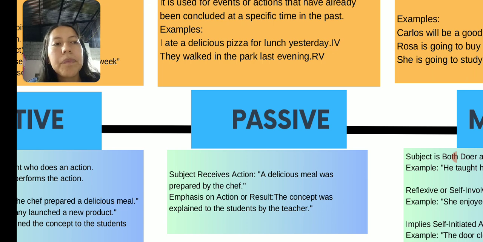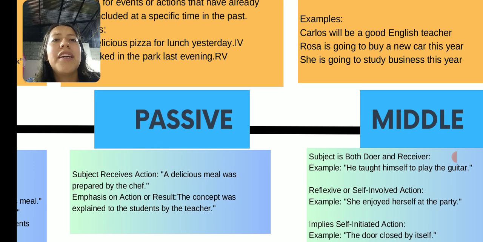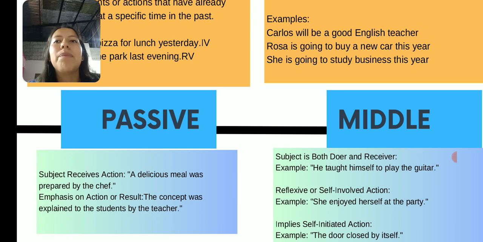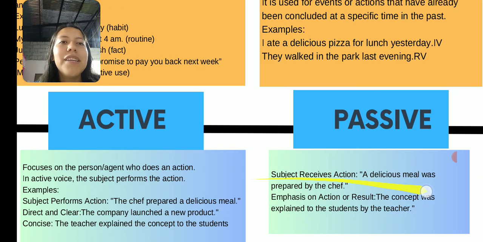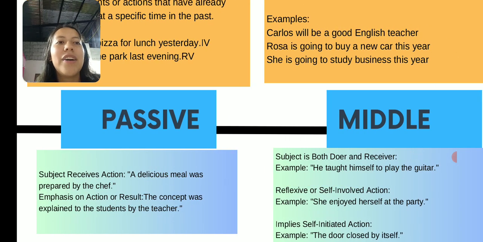Okay. Another important type of voice is the middle voice. The middle voice has some specific characteristics that combine both active and passive voice. In the middle voice, the subject is both doer and receiver. For example, he taught himself to play the guitar.